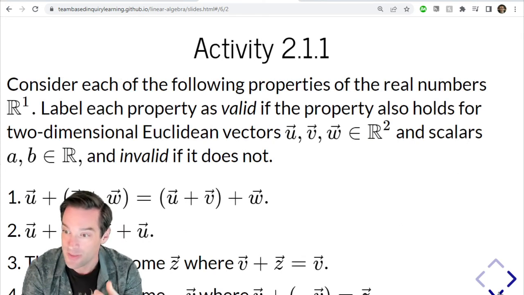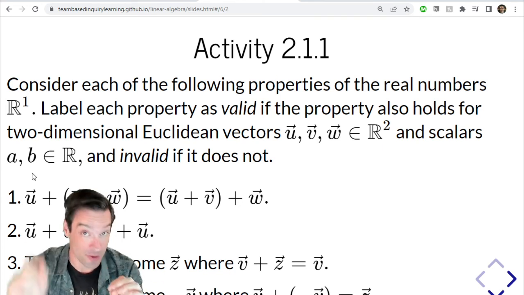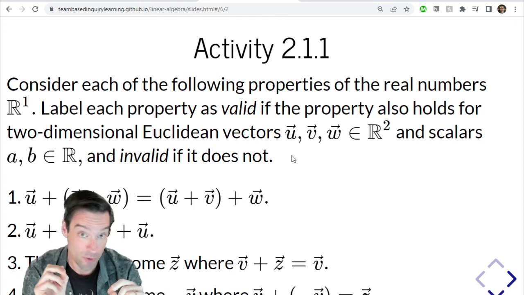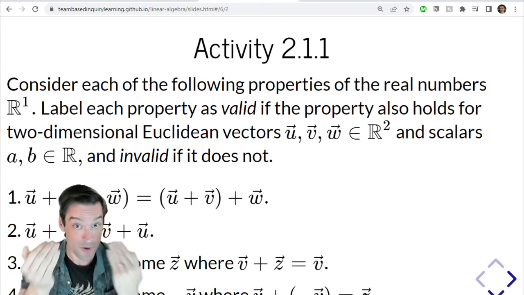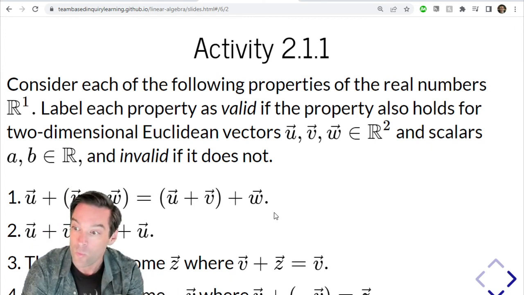In this activity, we're going to look at how real numbers, which we're going to denote by lowercase letters like a and b without a little decoration on top of them, and vectors inside of two-dimensional space, which we're going to denote with little arrows on top of them, behave. Keeping scalars, single real numbers, and vectors separate in your mind is important for this activity. You want to look at whether each of the properties that's listed here is still going to hold for vectors in the same way that a similar property holds for ordinary real numbers.